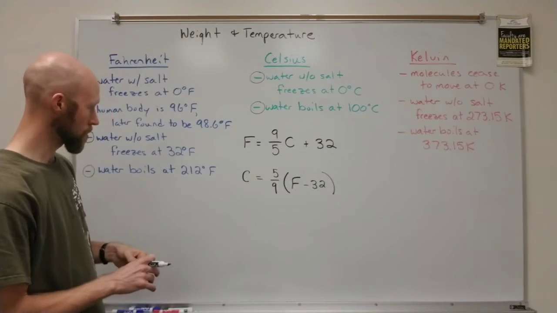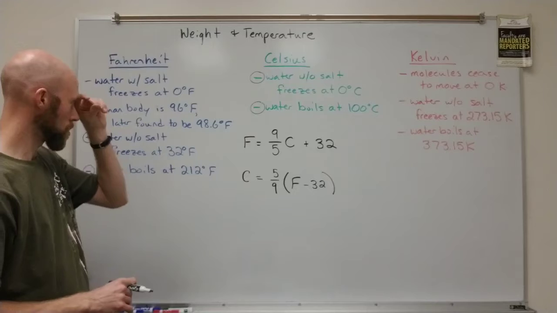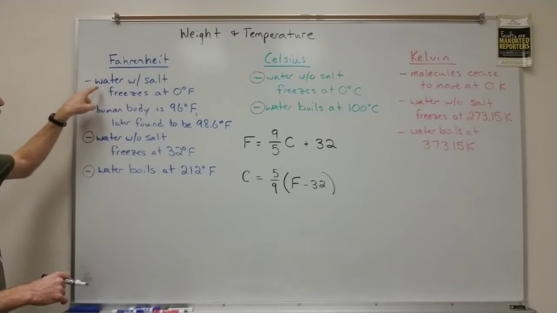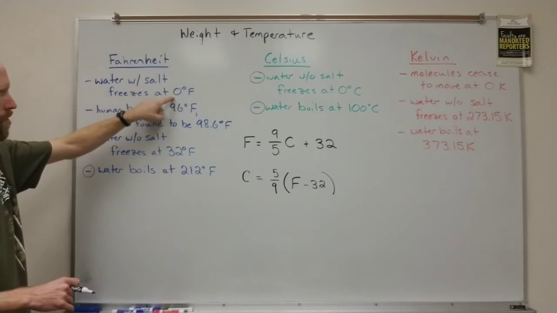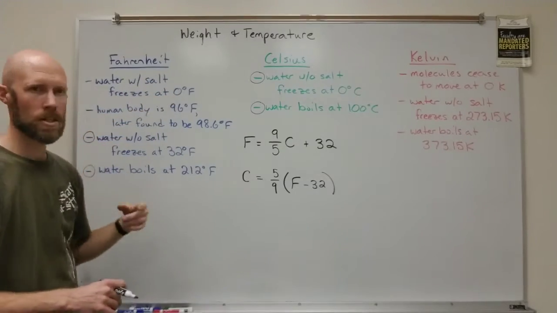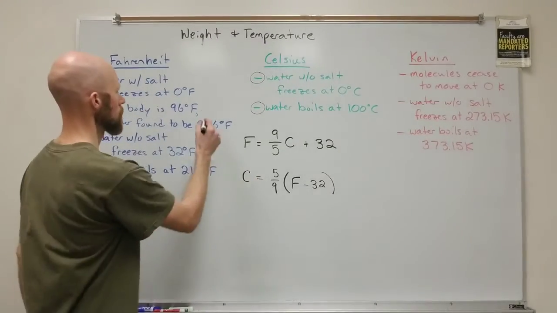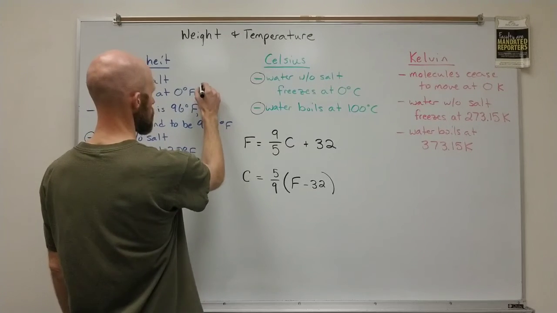So as an example, let's say I wanted to convert the salt water freezing point, which is 0 degrees Fahrenheit, into Celsius. Let's see what that translates to on the Celsius side.